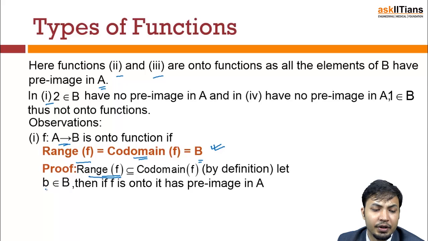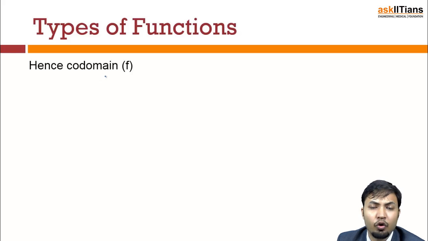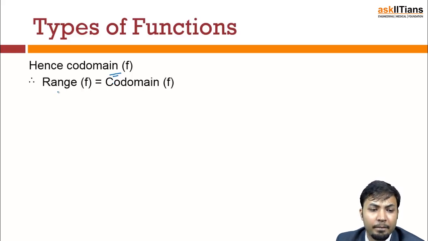Now let this b belong in B. If my function f is onto, it has a pre-image in A, then b will belong in range f, as range f contains those elements of B. Then my codomain will belong there, thus my range f will be equal to the codomain.